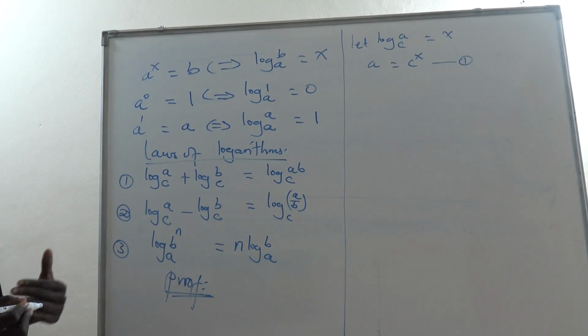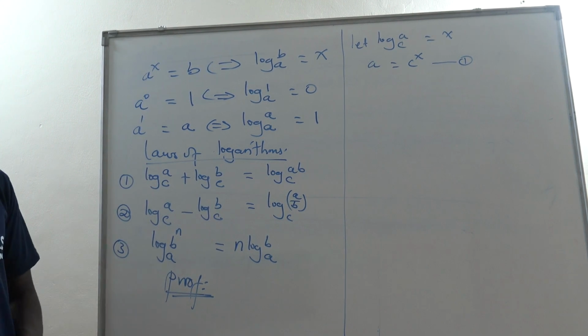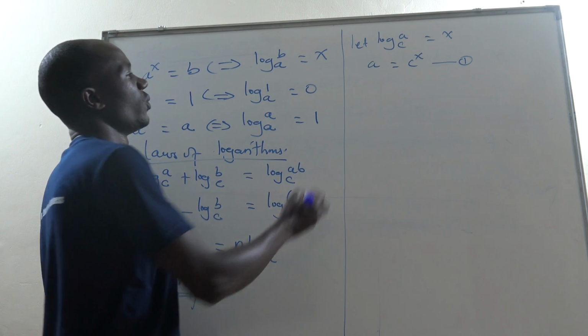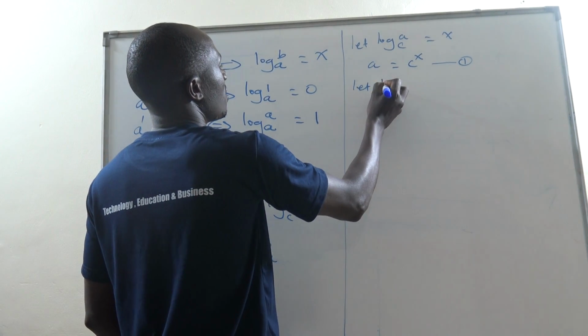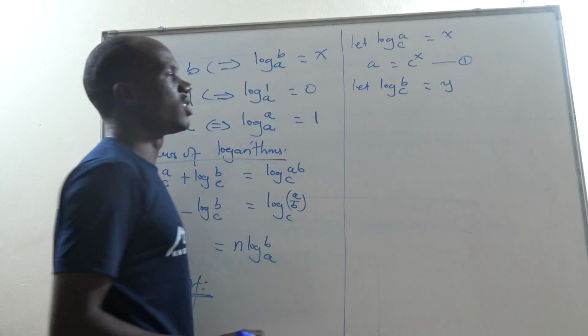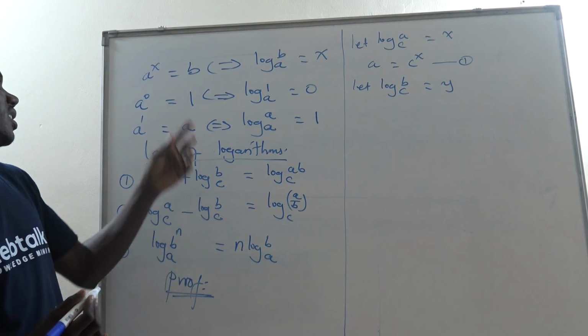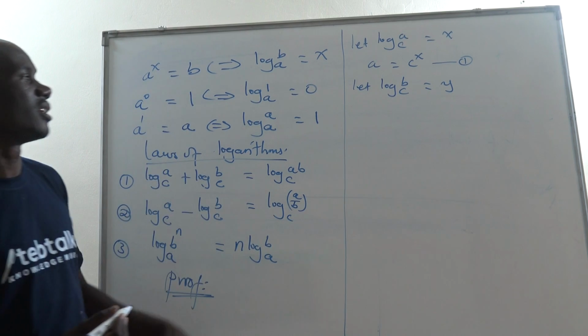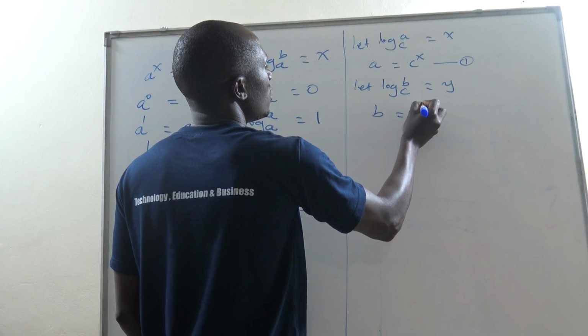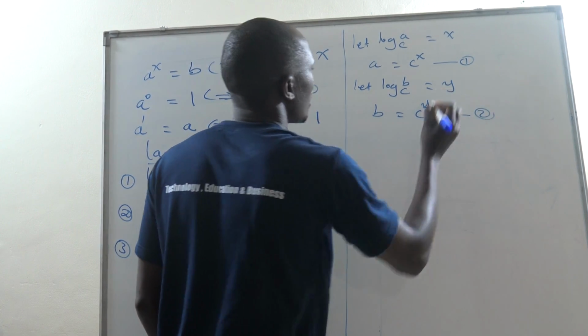Similarly, we also say let log of b to base c equal y. Still, we apply the index form. This means that b equals c power y. This is the second equation.